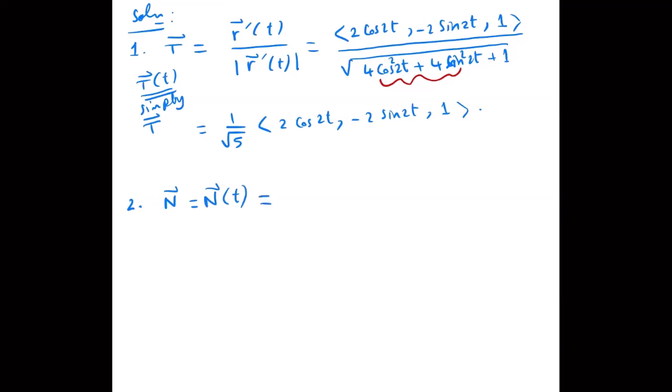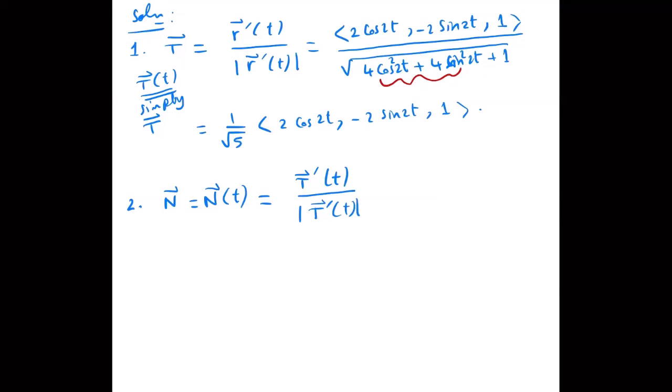What is the definition of N? We studied this in the lecture. It is to differentiate T. When you differentiate T, you get a vector normal to T, but not necessarily a unit vector. So we have to divide again by the magnitude of the resulting vector.